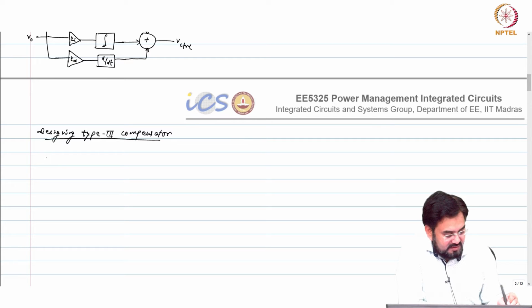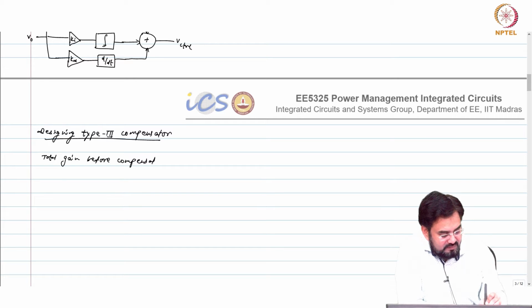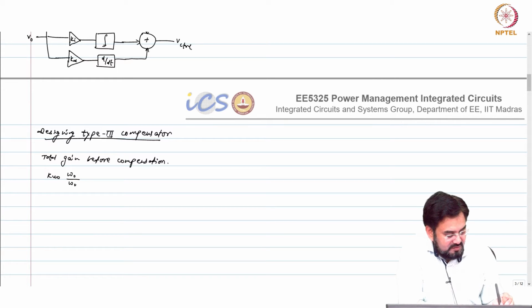So let me call it total gain before compensation: KU0 times omega naught over omega UGB, whole square.